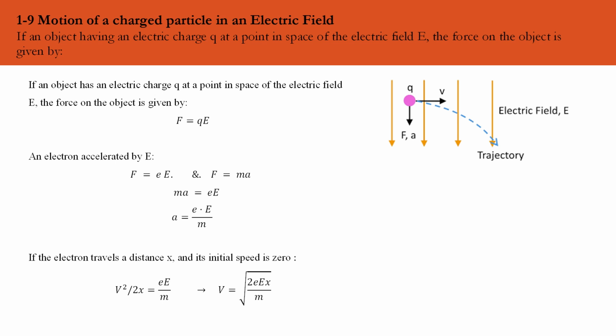For this case, instead of a, we can substitute. If we assume the electron initially doesn't have any speed, its initial speed is 0, then finally we can have v equals this term.